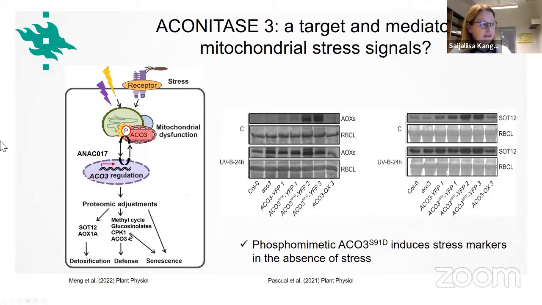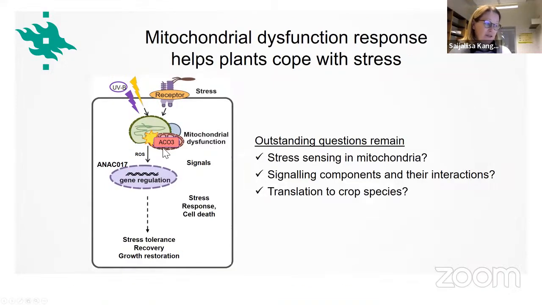And we are currently trying to understand how the reactive oxygen species signaling is changed in these aconitase lines and what these actual signaling mechanisms are. So we are hoping that, by using these genetic materials as a research tool, we will be able to get some understanding of how the stress is sensed inside the mitochondria.